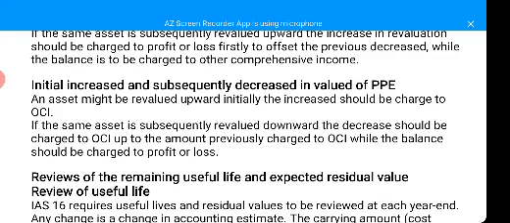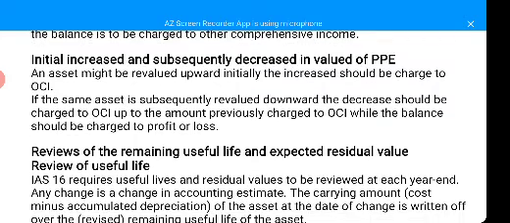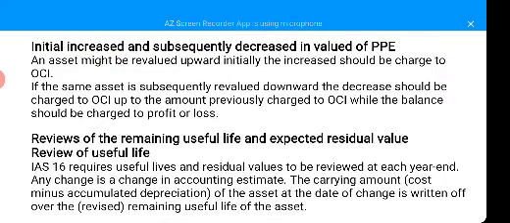Now, if that same asset is now revalued downward when it was up before, you must first debit your other comprehensive income up to the tune of the previous increase. Then the difference will go to your profit or loss.